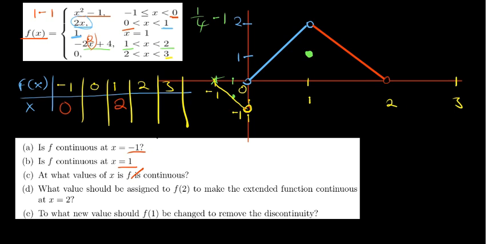Okay, so not continuous. And then from there, again, the last function as well is not continuous. 2 is not part of it. And then it's f equal to 0. So y equal to 0 is the x-axis itself. So it's moving all the way up to 3.